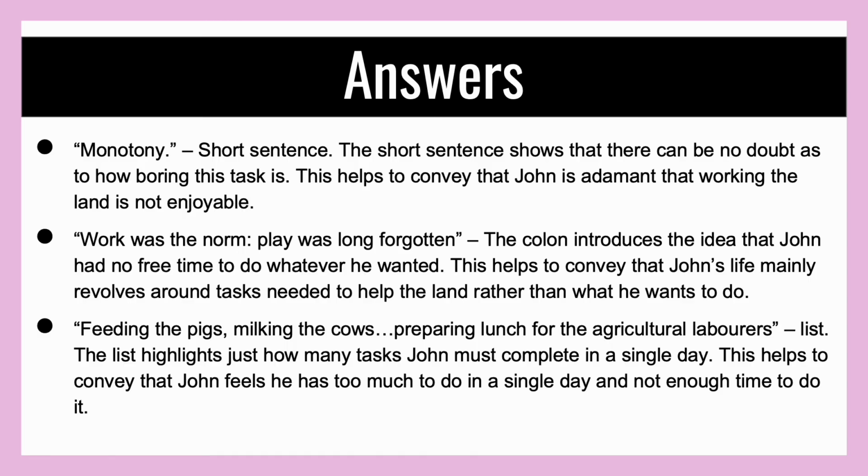This helps to convey that John's life mainly revolves around the tasks needed to help the land rather than what he wants to do. Feeding the pigs, milking the cows, all the way down to preparing lunch for the agricultural labourers. List. The list highlights just how many tasks John must complete in a single day. This helps to convey that John feels he has too much to do in a single day and is not given enough time to do it.